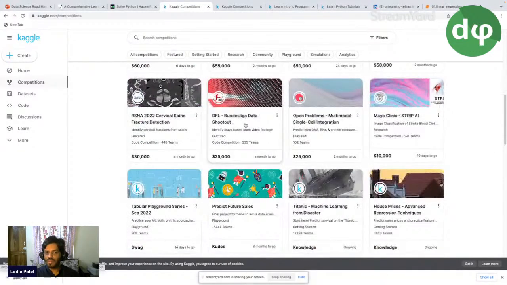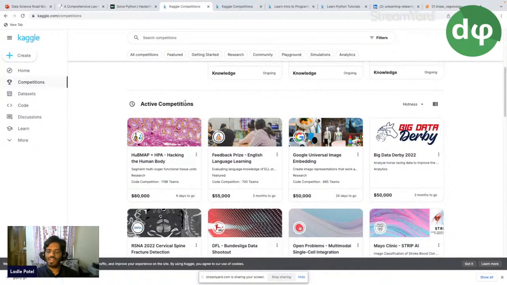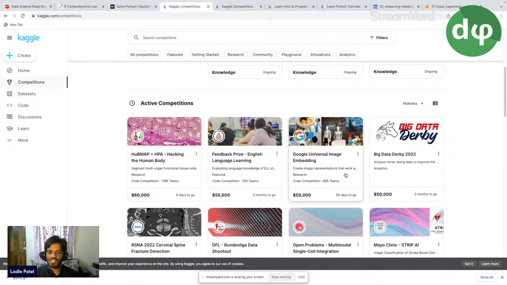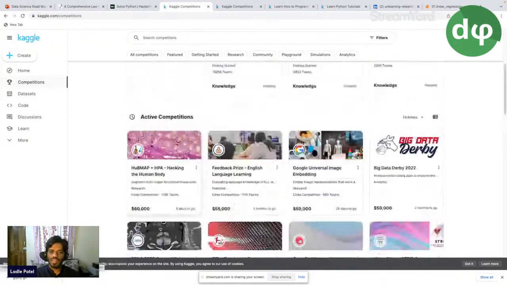So these are the real-time projects, and I don't think any other platform has what Kaggle has. I don't think any other platforms support this, or you find very good data scientists on other platforms. They are very complex problems to solve, and even if you attempt, you don't have to win. You learn a lot by attempting these problems, and they'll give you steps, and you can learn from the code.